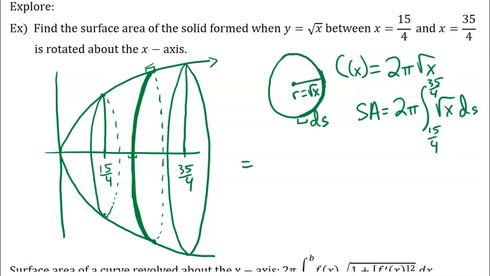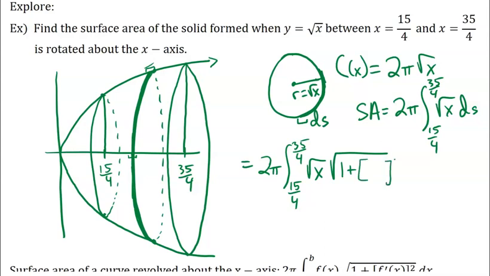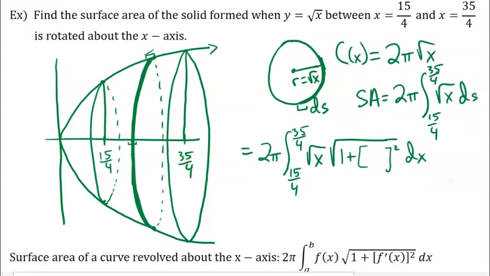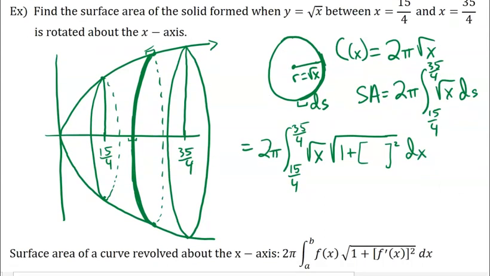Okay, so that becomes 2 pi times the integral from 15/4 to 35/4 of root x times root 1 plus, and then this is where we're going to do our derivative and square that. Let me fill that in a second, and then times dx.